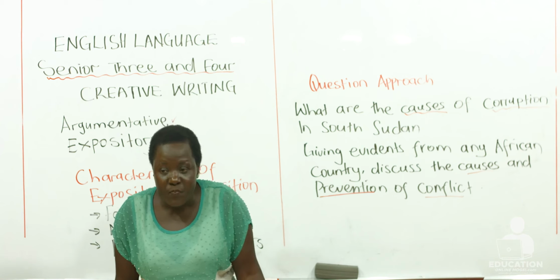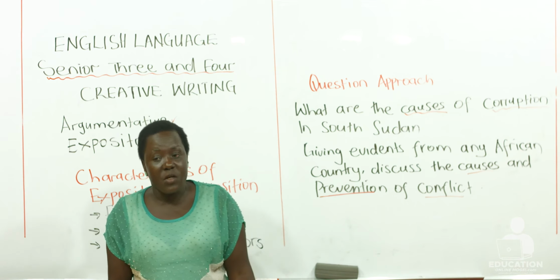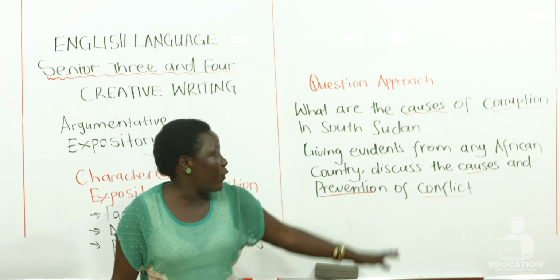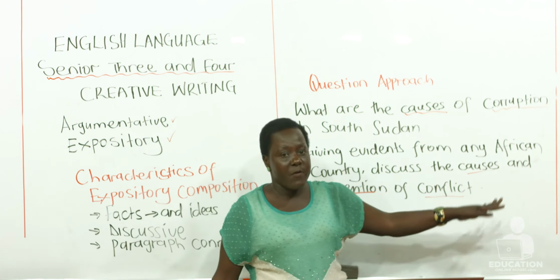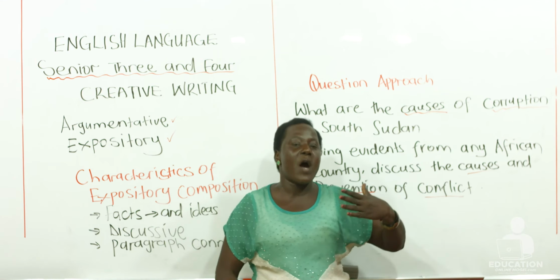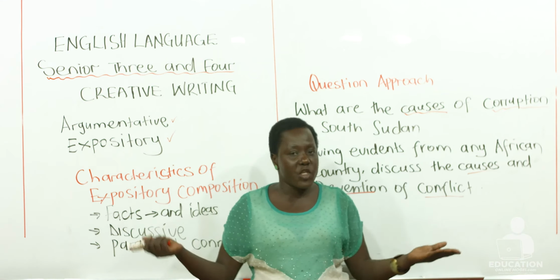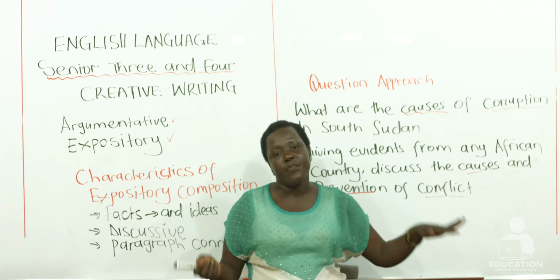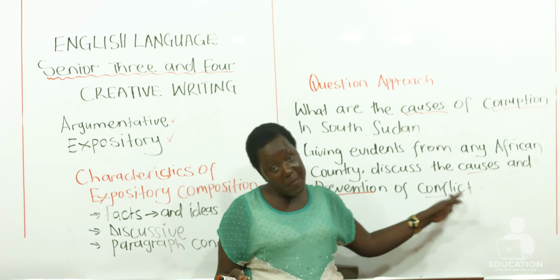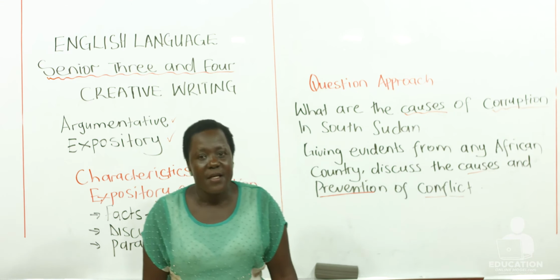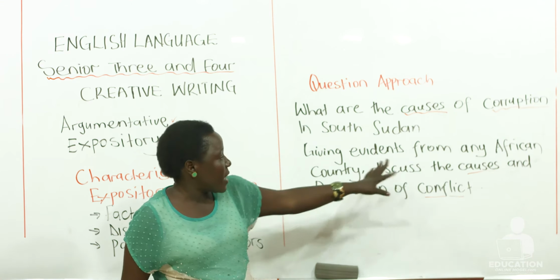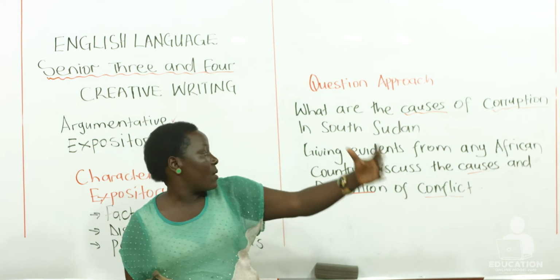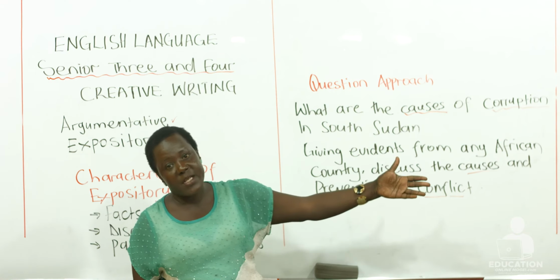Remember previously, I told you that the absence or the silence of the gun may not necessarily mean peace. So even conflict in this case may not mean physical confrontation. But when the people are living in a horrible situation, it is already a conflicting situation, or there is already psychological or mental conflict in that case. So you should be able to do this. After you have defined the keywords, prevention is just a way of stopping conflict. Then the causes, what brings it.